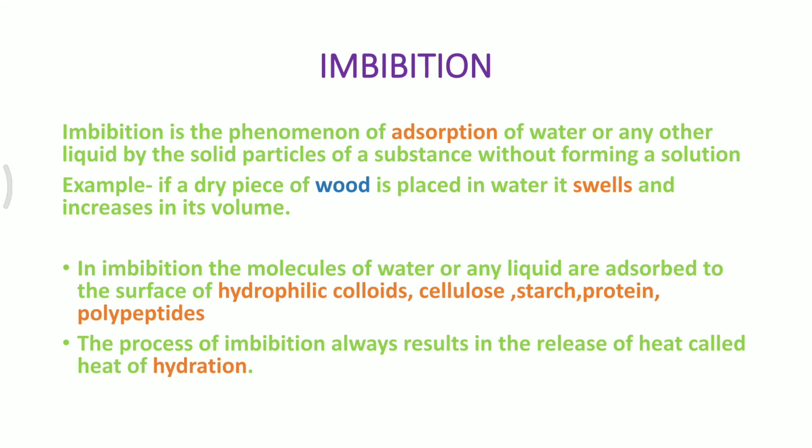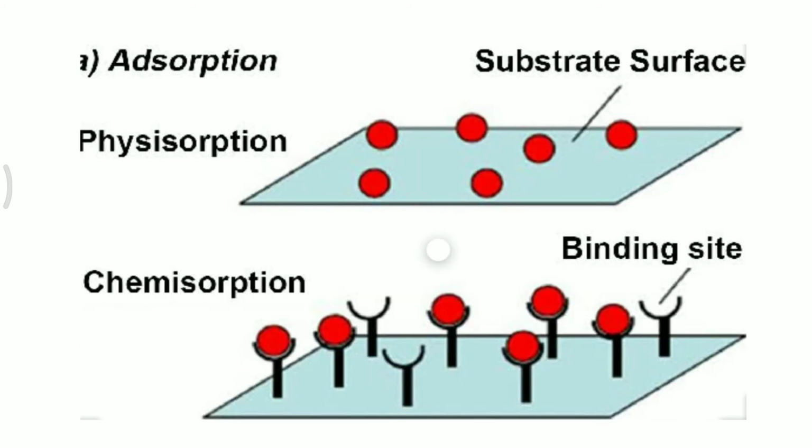It is because of the same adsorption. During the rainy season, adsorption has taken place, and as soon as the season changes, because of high temperature, the water molecules which were adhered on the surface of the wooden log are lost.